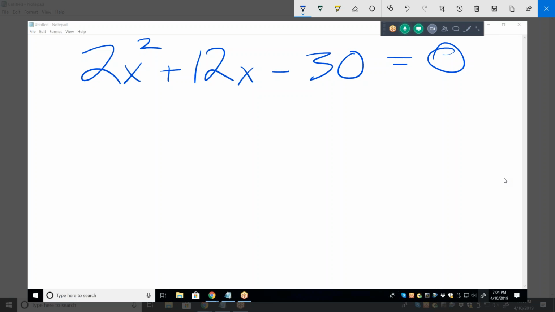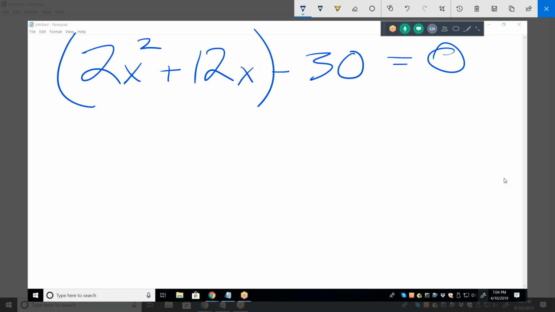So, in essence, what's our first step? Wouldn't it be to take out a greatest common factor in this one? Yeah, but really our first step is to put parentheses around those first two terms. It's not so much a greatest common factor.